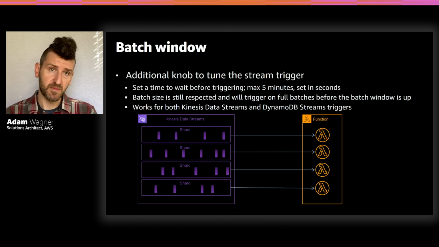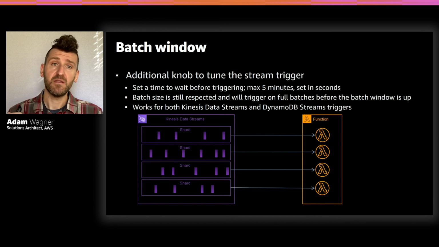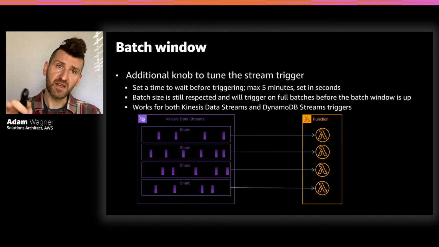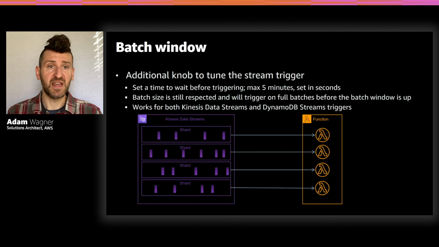Batch window isn't going to come into play at all. But if then the stream really slows down, you're only getting 1 or 2 records per second, and you set a 5-minute batch window, it's going to wait until it's aggregated up 100 records or until that batch window runs out before sending me batches of records.